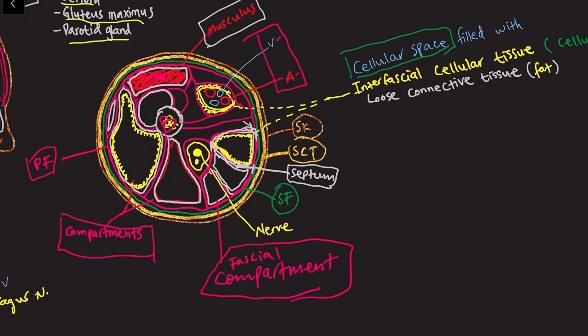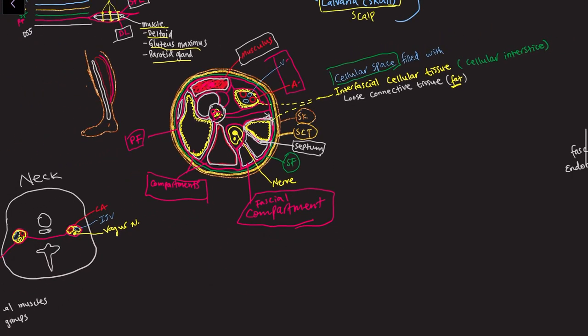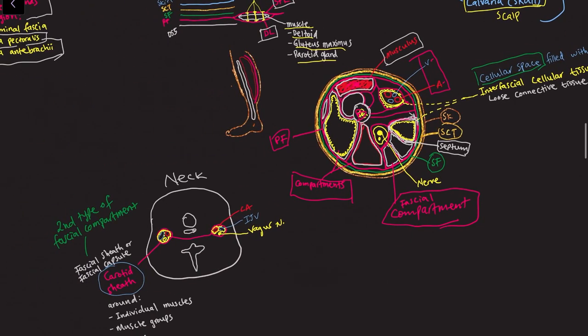This interfascial cellular tissue is, for example, the loose connective tissue, the fat. You'll find a fat pad, so to say, that follows the lamina and is padding the neurovascular bundles as well as the muscles. All right. I hope that is clear.